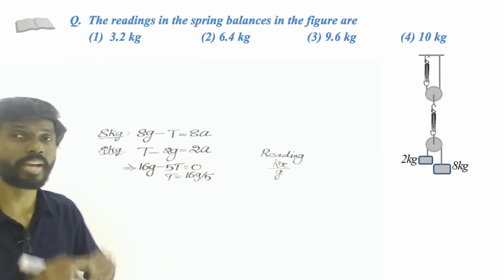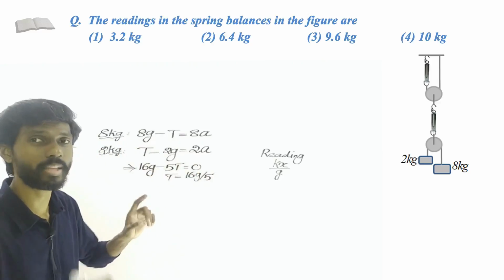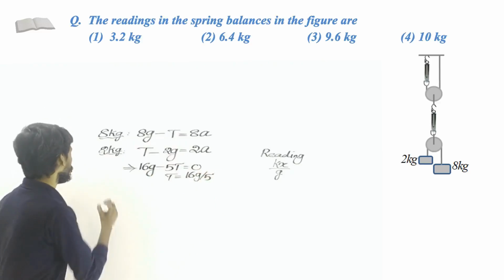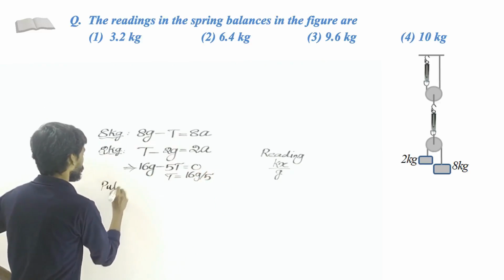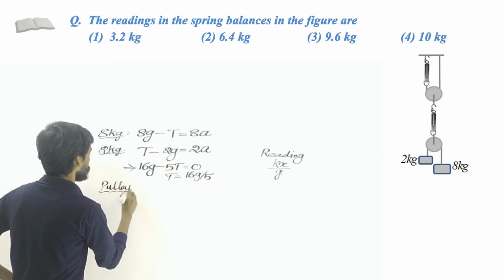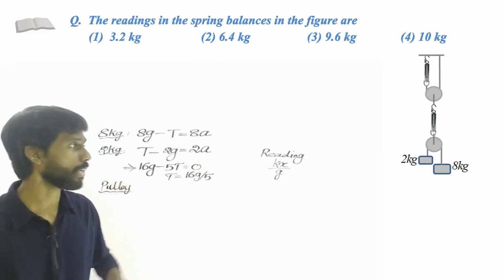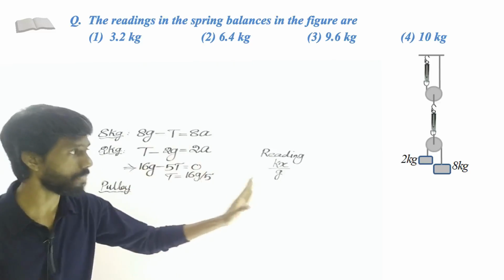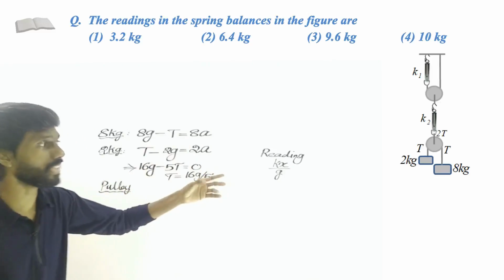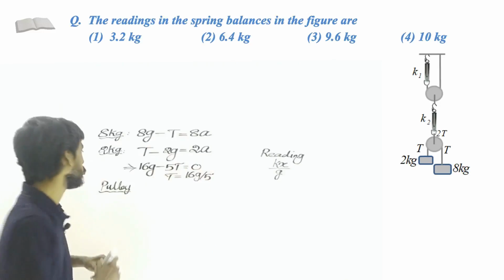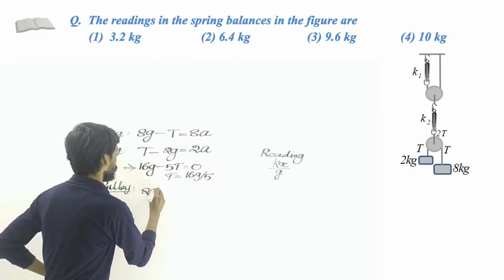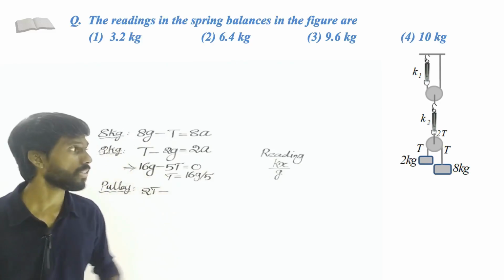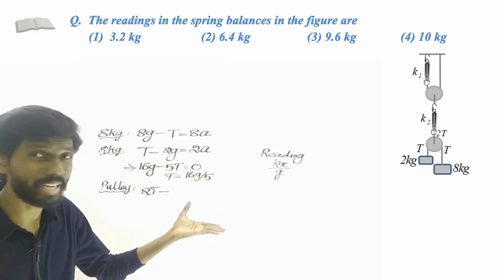Now we have to find the tension in the spring balance, that means kx. Let us consider the pulley. What are the forces acting on it? The tension in the two parts of the string, T plus T, so 2T is the total tension acting on the pulley in the downward direction. Minus the force due to the spring in the upward direction.